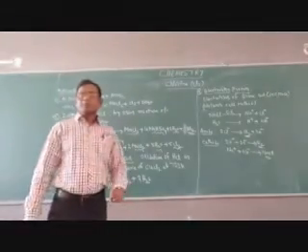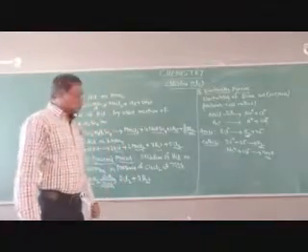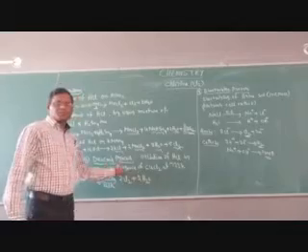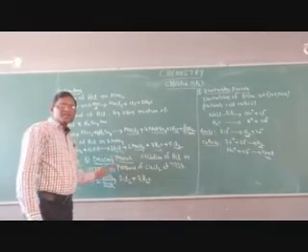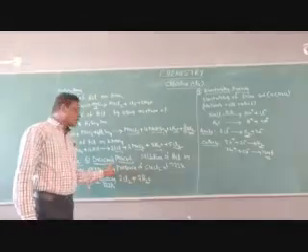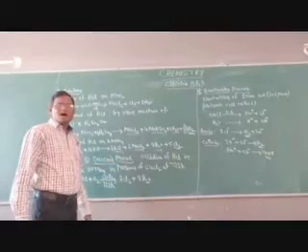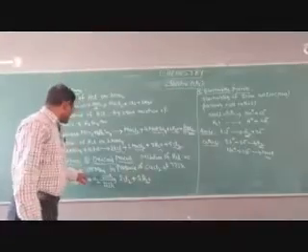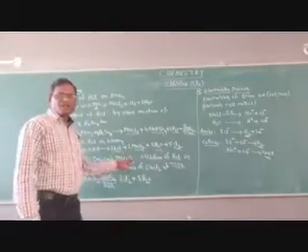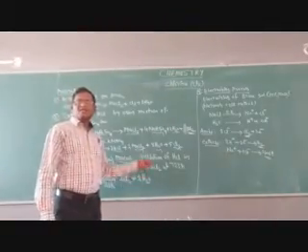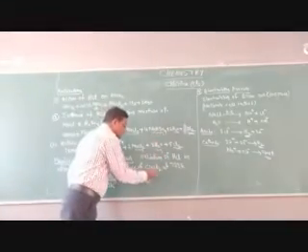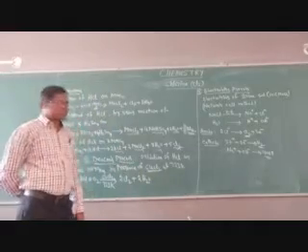Industrially, how is chlorine prepared? One of the methods is specifically named Deacon's process, D-E-A-C-O-N-S. In this process, hydrochloric acid is oxidized by atmospheric oxygen in the presence of cupric chloride at 723 kelvins. The cupric chloride acts as a catalyst.